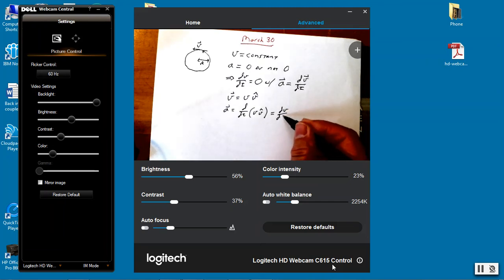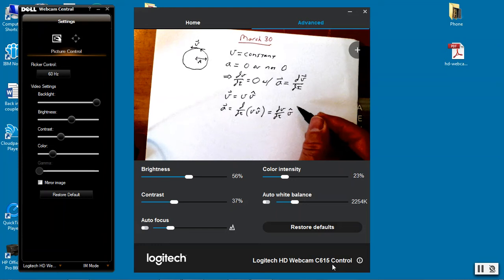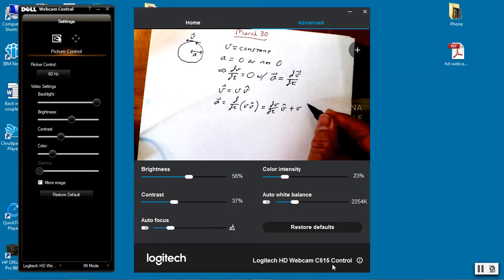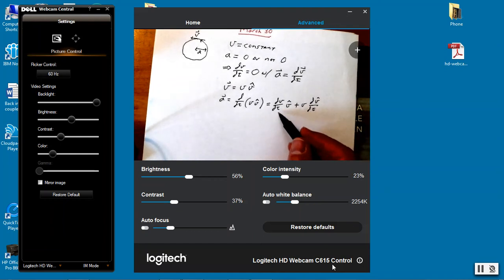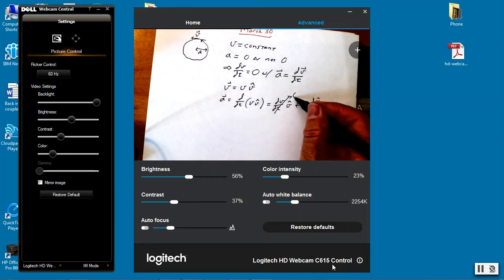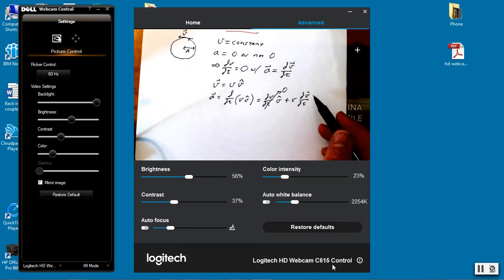This would be dv/dt times v hat plus v times the derivative of the unit vector with time. Okay, this kind of derivative is normal, and in this case the derivative is 0 because the speed is in fact a constant. But this is a derivative of a vector. That's something a little different.